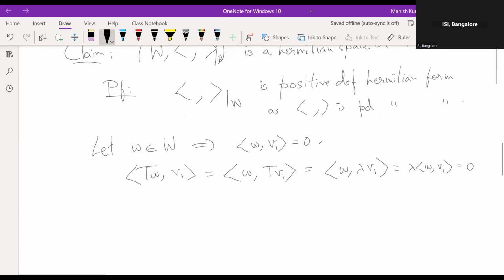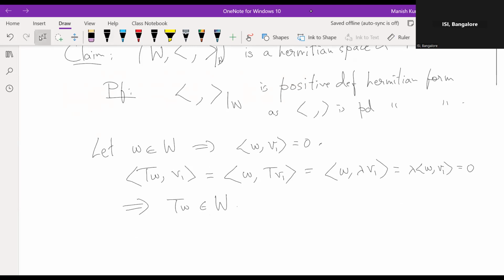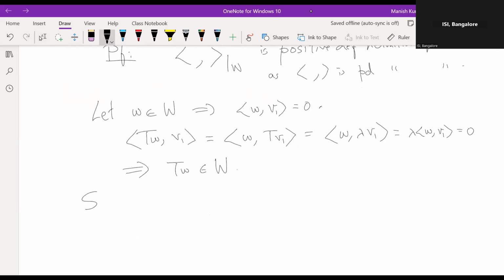So this tells us that Tw is orthogonal to v1, so it has to be in W. So this proves the claim that TW is contained in W. So T restricted to W is a Hermitian operator on the Hermitian space W.